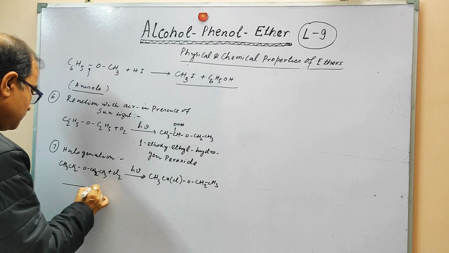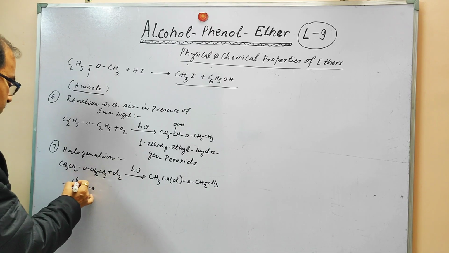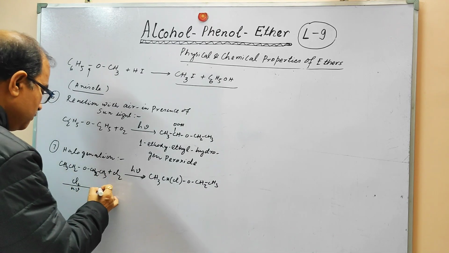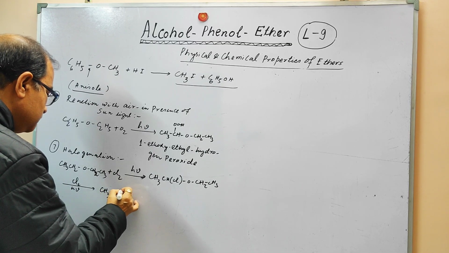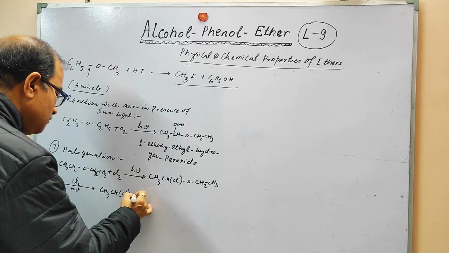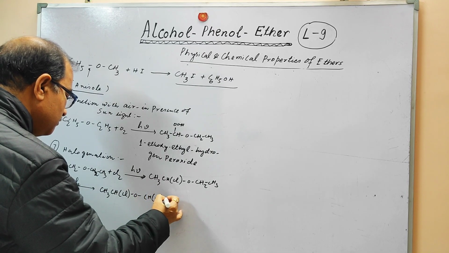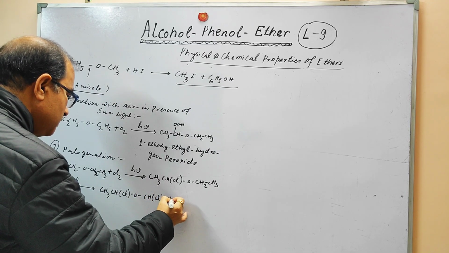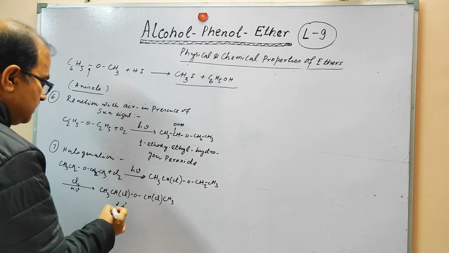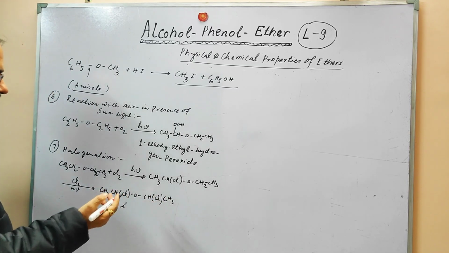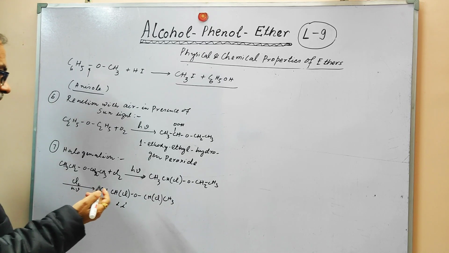Next, when we chlorinate again, it is going to produce CH3CHCl-O-CHClCH3, where this hydrogen atom will be replaced. This is alpha, alpha-dash dichlorodiethyl ether.